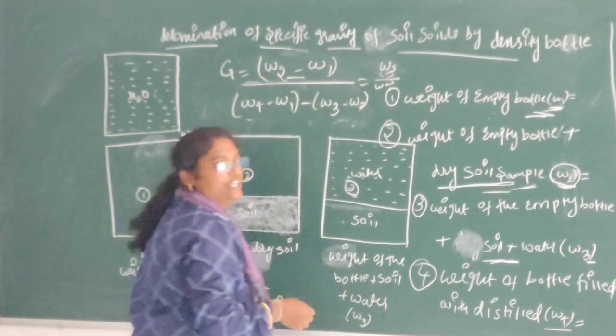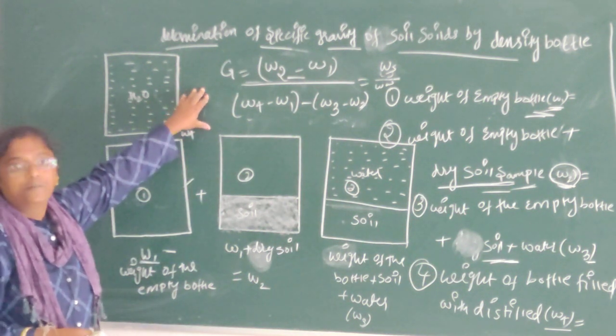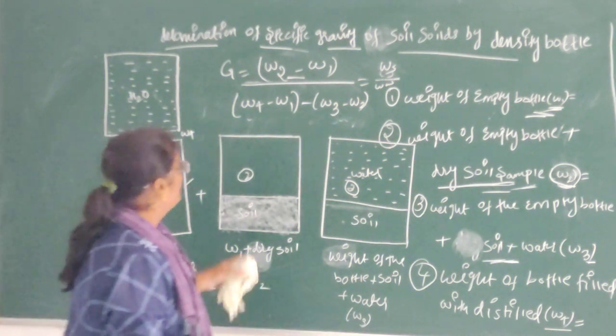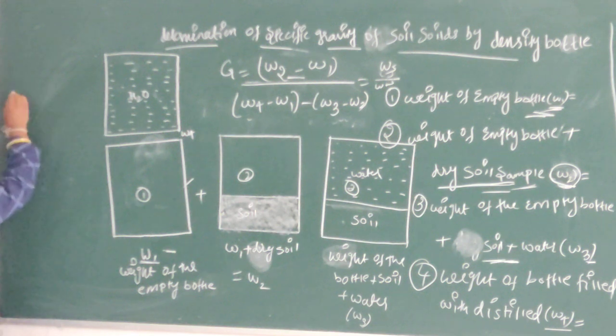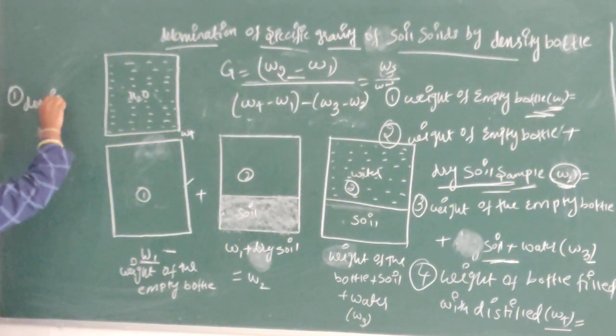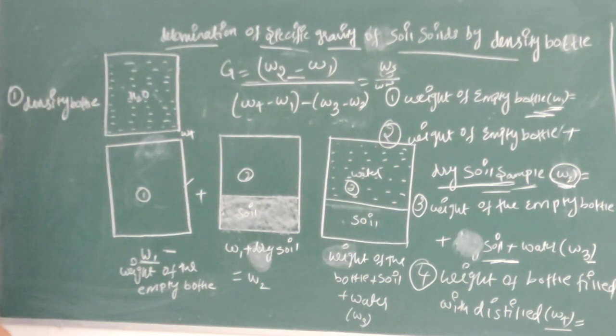Like this, you need to find out the specific gravity of soil solids by using the density bottle. The apparatus which we are using is the density bottle, or you can use a flask also, or a pycnometer bottle. Next, we are using distilled water.